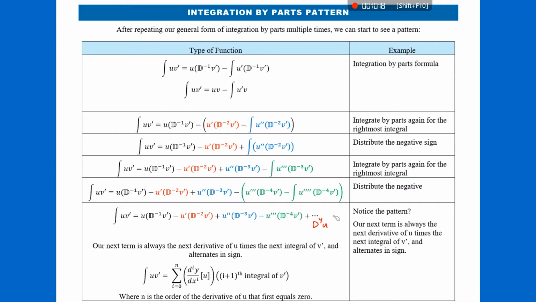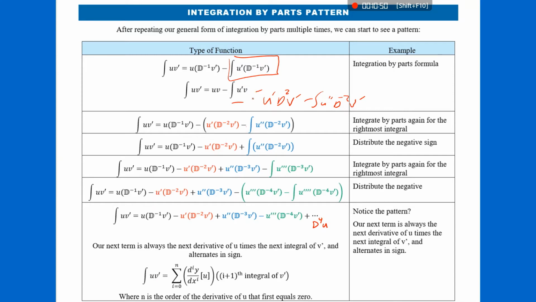Why do we subtract and then add? Because every time with your integration by parts formula, you end up subtracting that integral, which means after we break apart this integration by parts, I'll need to distribute that negative sign. So for this first one, I would be subtracting my integral, which is here, which we then expanded to u prime times the second integral of v prime minus the integral of u prime prime times the negative second integral of v prime.